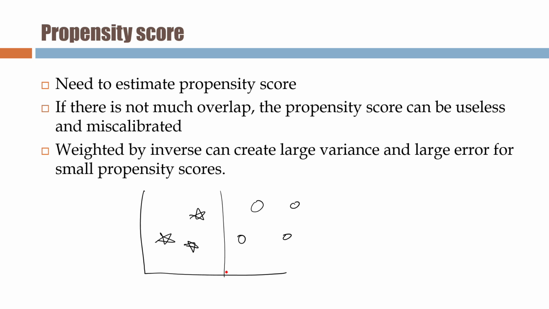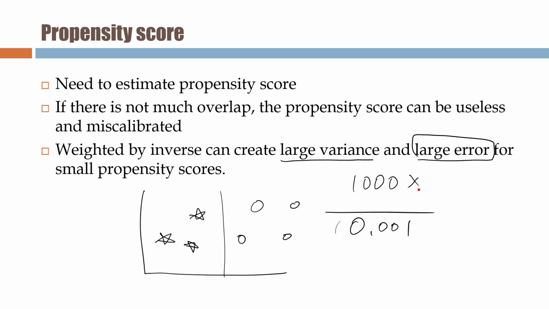And since we divide by the propensity score, when the propensity score is really small, the weight can be really big, so that can create large variance and large error. Because if your probability is like 0.001 and you are dividing by this, it's like you are multiplying by 1000.